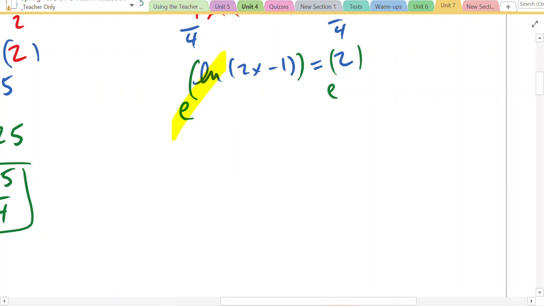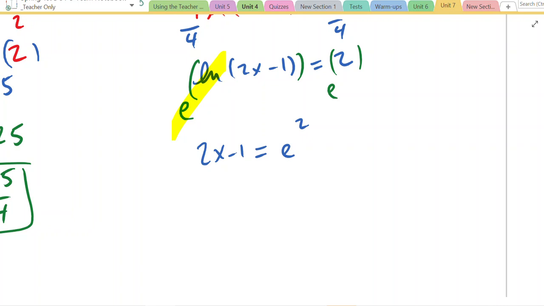So we end up with 2x minus 1 equals e squared, which is perfectly acceptable. That's just a number. It's about 2.718. The decimals go on to infinity and beyond, never repeating. Well, you're just squaring that number.